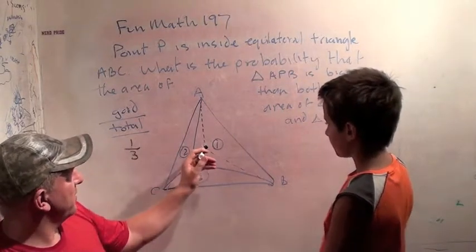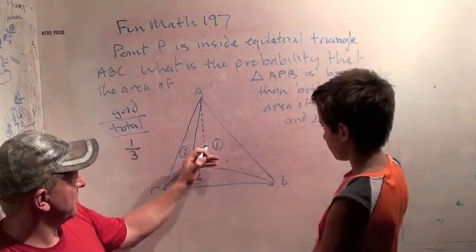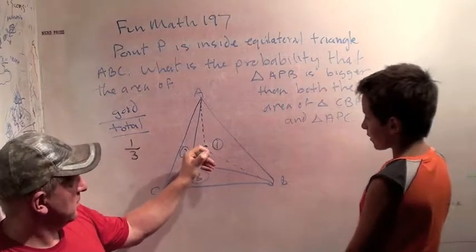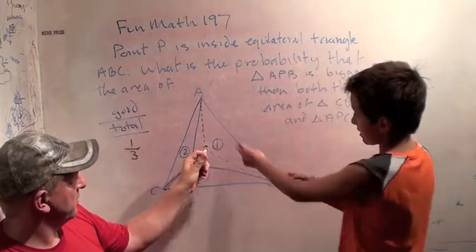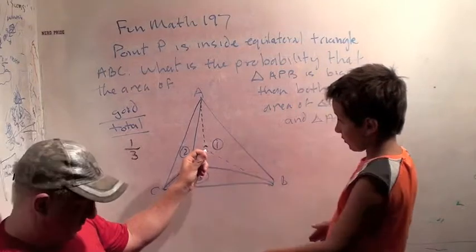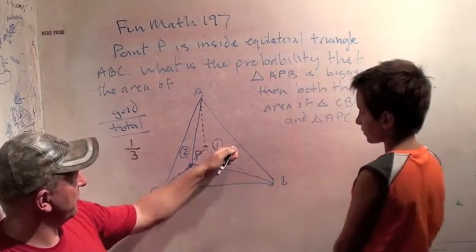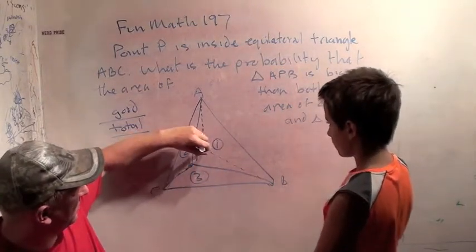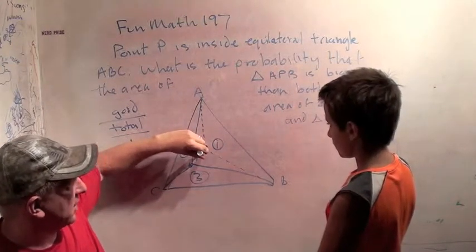Think about this point in the center. That helps us think about the symmetry here. When P's in the center, all three triangles are the same. How can I turn triangle 1 into triangle 3 by using this point in the center? What can I do?